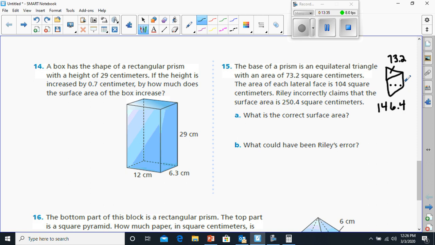Now I've got 3 shapes here, and it says the area of each lateral face, the lateral face of the sides, is 104. That means if it's a triangle, there's 3 sides to it. That's 104 times 3. So we got one side, the back side over here, and then we got the side over here, right? So that's 3 sides, and that's going to equal 312. Now I've got to take 312 and add it to 146.4.